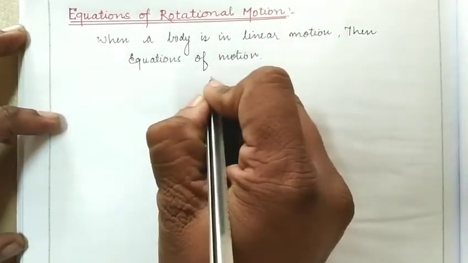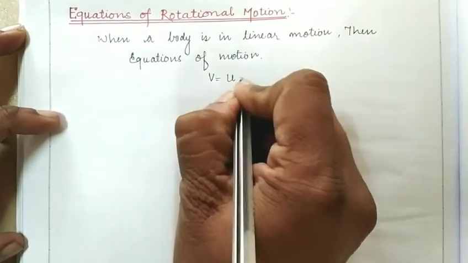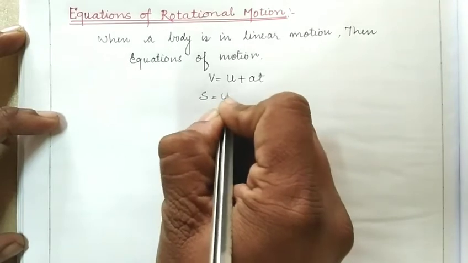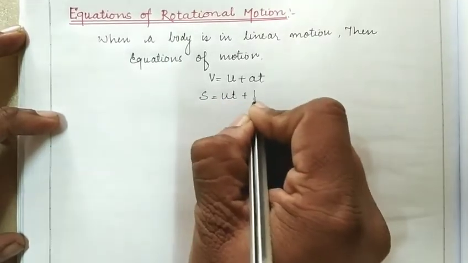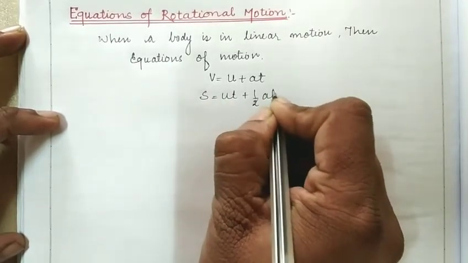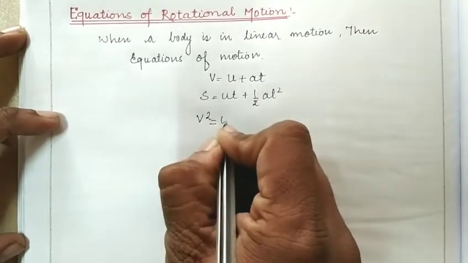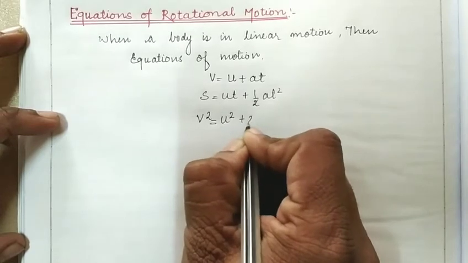v is equals to u plus at, s is equals to ut plus half of at square, and v square is equals to u square plus 2as.